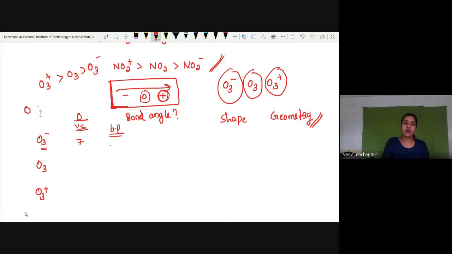Oxygen is the central atom and 2 oxygens are the surrounding atoms. Don't get confused in the case of I3 minus, I3 plus, O3 minus, O3 plus. It is not 3, it is equal to 2. Oxygen is forming bonds with 2 other oxygens. This is the structure of O3. So what is the number of bond pairs? 2. Then number of lone pairs?